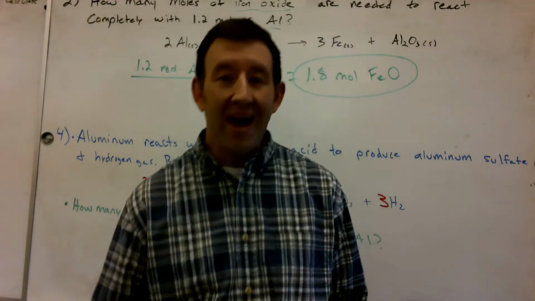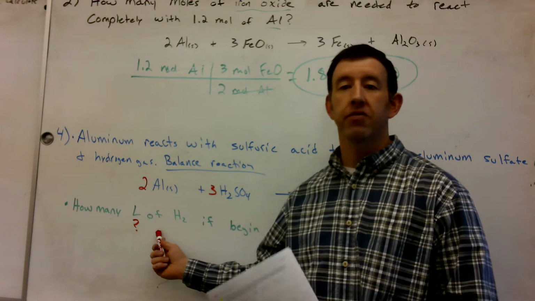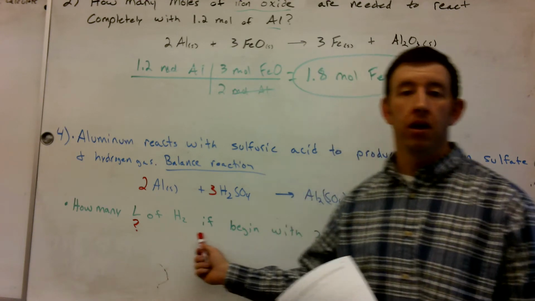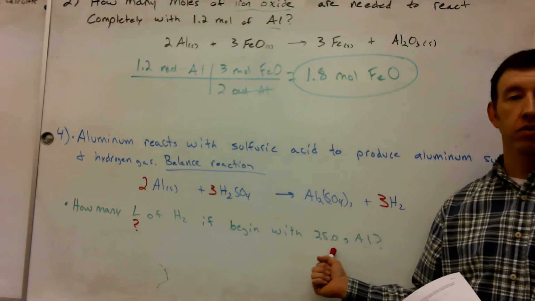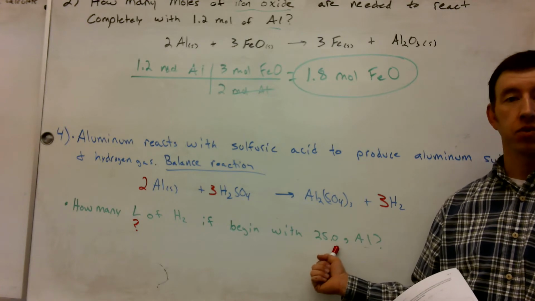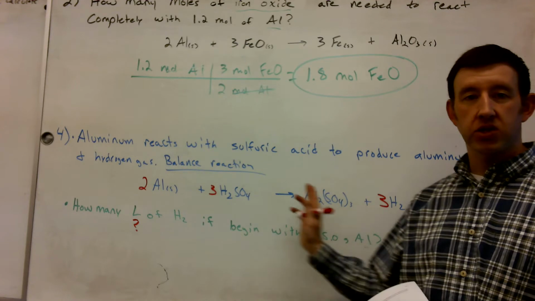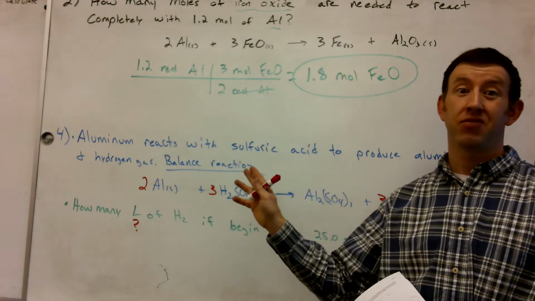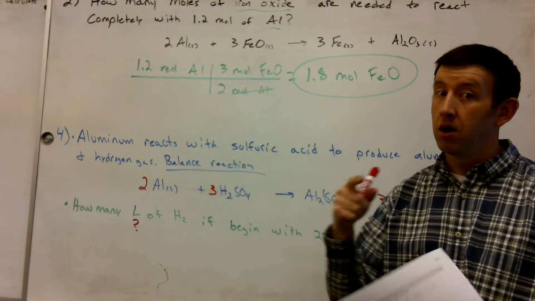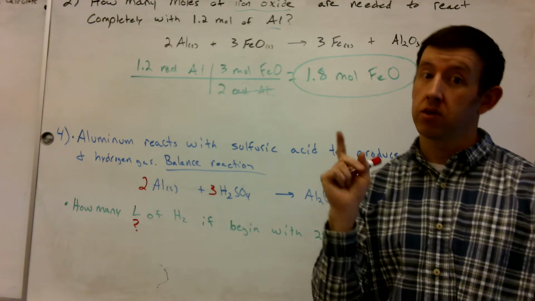So what I have in this question is I want to figure out liters of hydrogen gas if I'm starting with 25.0 grams of aluminum, right? Now, what do I have to do before I can use these ratios up here, right? I have to convert to, better say moles in that case, right?